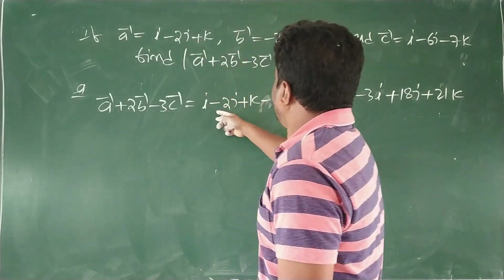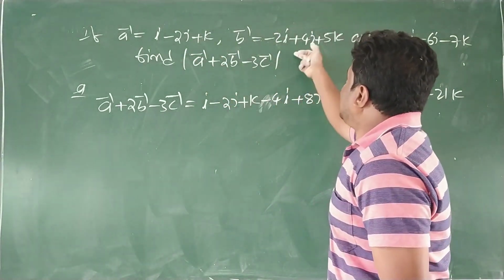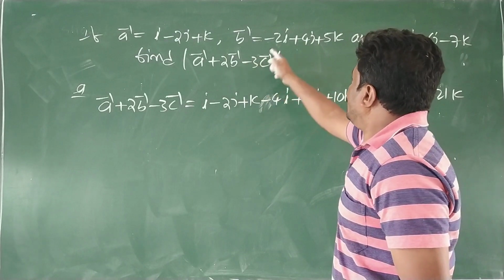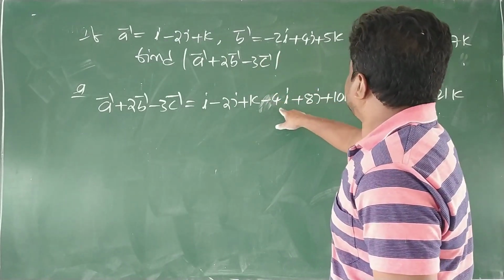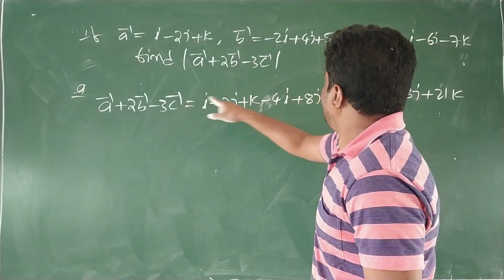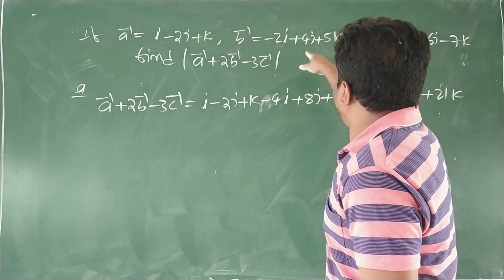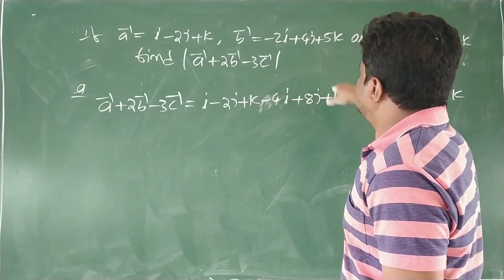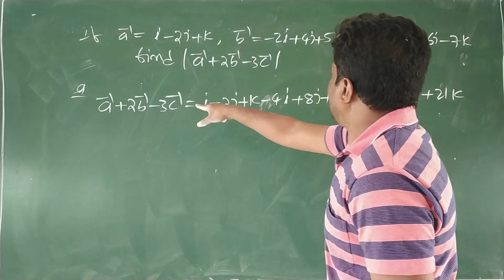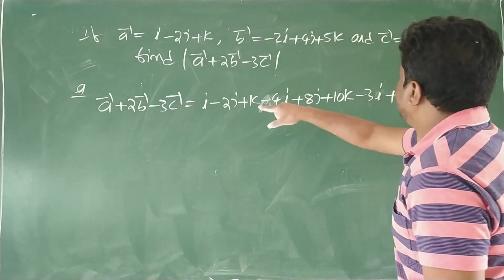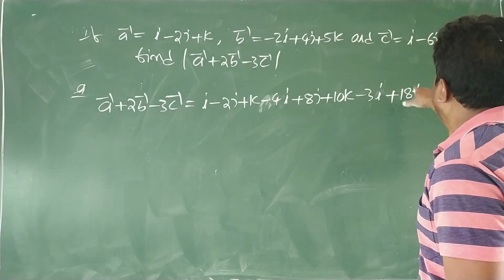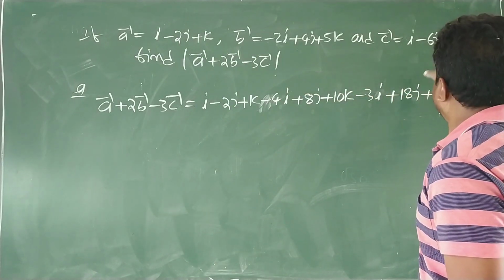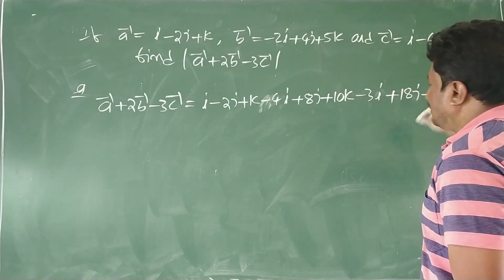Vector A is i minus 2j plus k, 2B is minus 4i plus 8j plus 10k, and minus 3C is minus 3i plus 18j plus 21k.